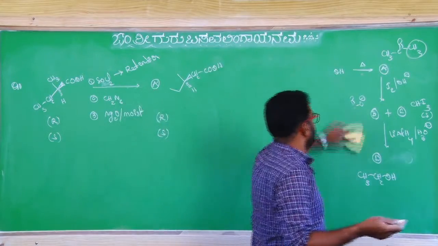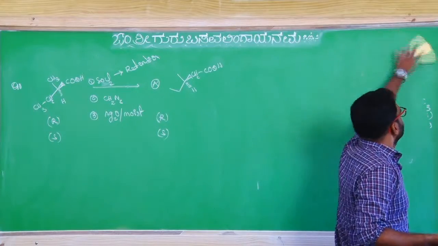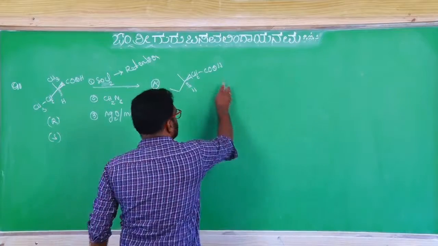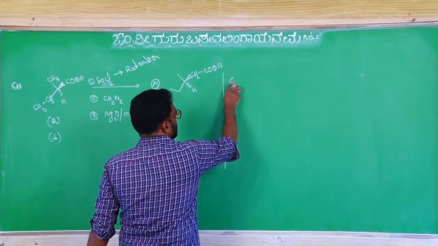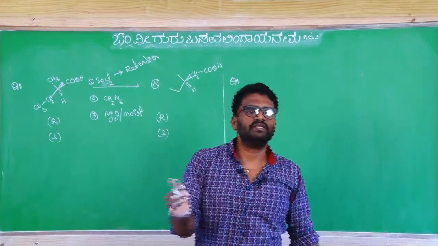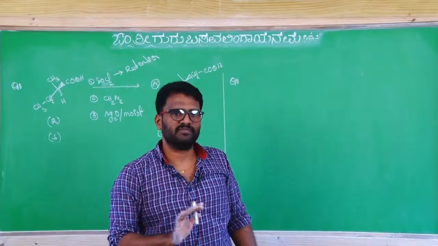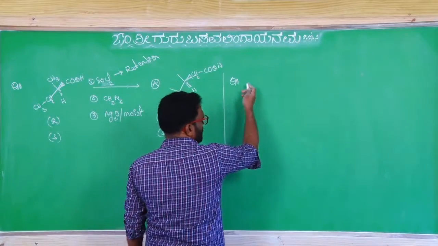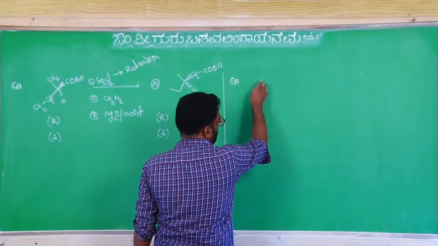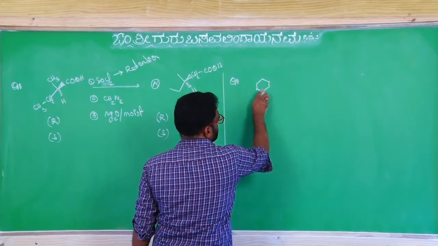Right, next, one more conversion. This question was asked in a previous JEE, a simple question. Which of the following carboxylic acids will easily undergo decarboxylation? I will give some carboxylic acid reactants.